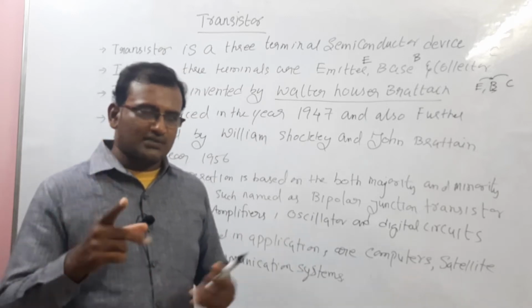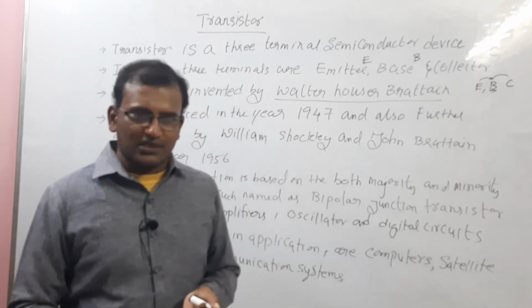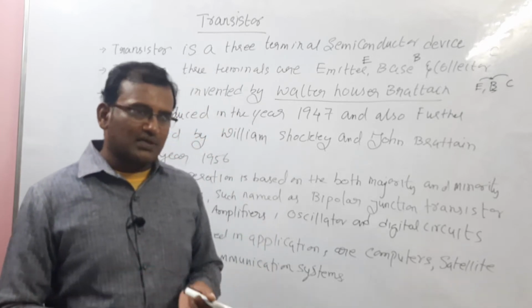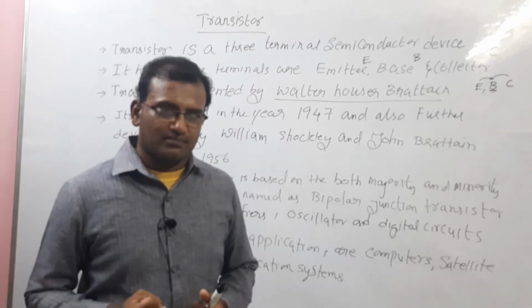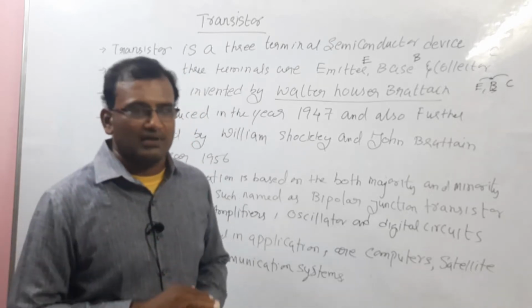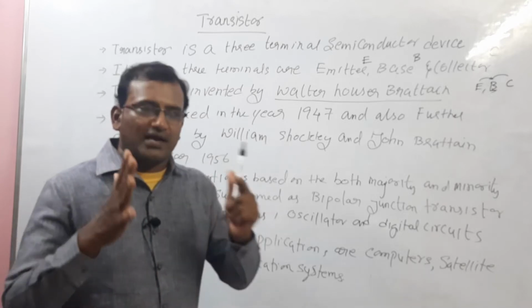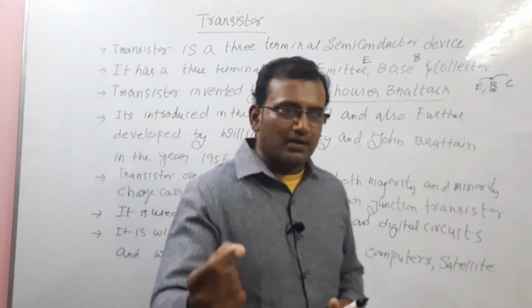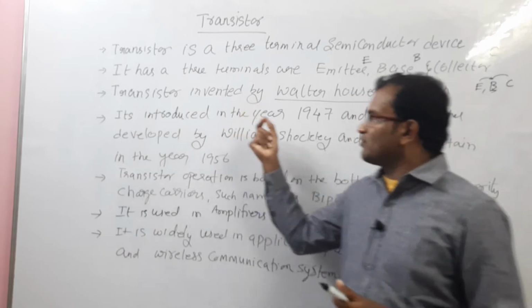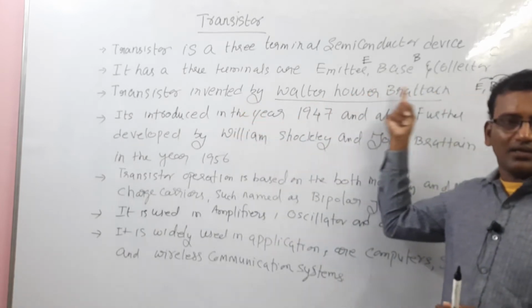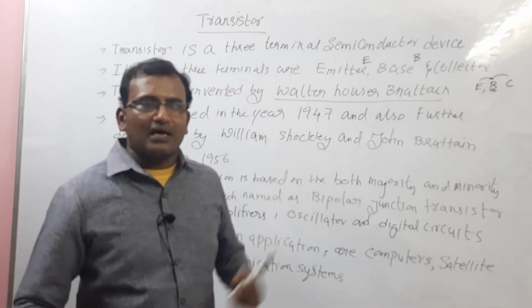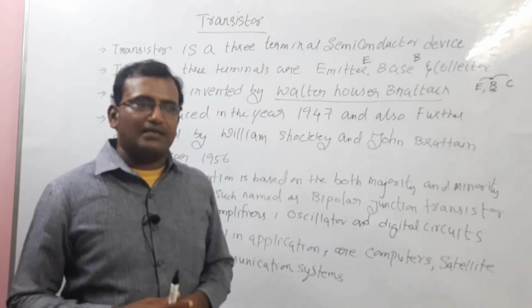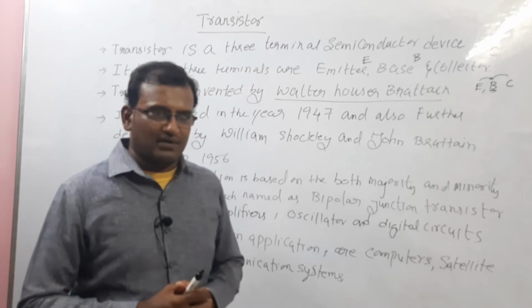So there are two cases. One is withstanding temperature, it couldn't control it, and the next one is larger size. And also it takes more power. That is a problem in the case of the vacuum tube. That's why this idea came to his mind. Whose? Walter Houser Brattain, the person who introduced this transistor in the year 1947.